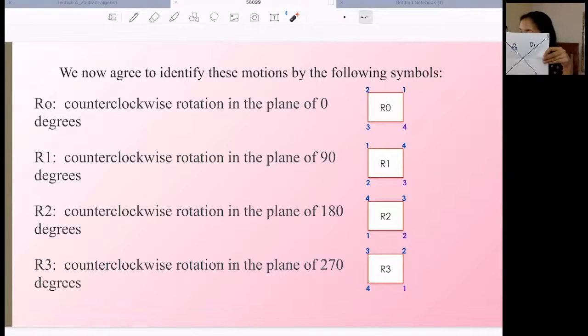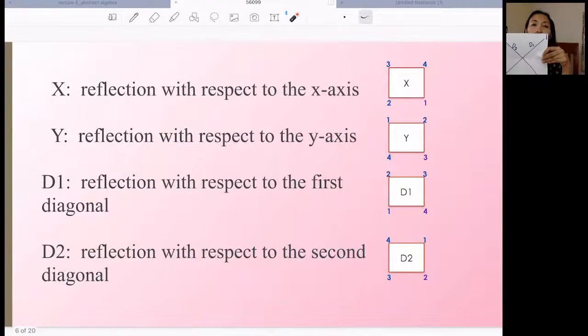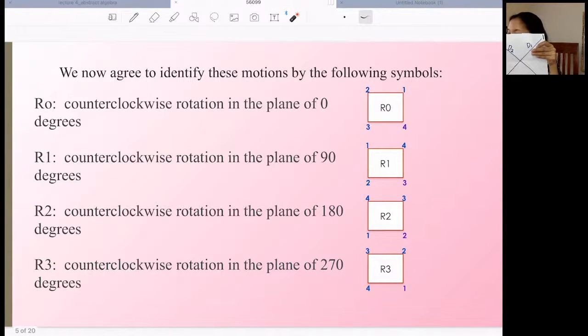So, from the original position, reflect the square with respect to the first diagonal. So, what happens? 2 and 4 will shuffle places. Yes? Okay, 2 and 4 will exchange places from the original position. Let's go back to the original position. Where is D1?